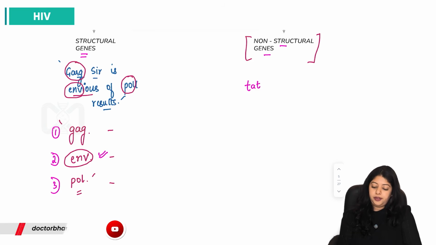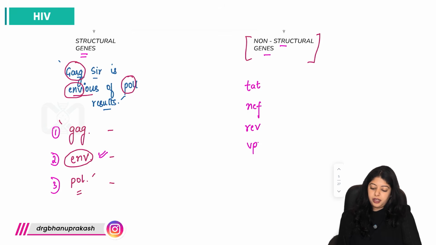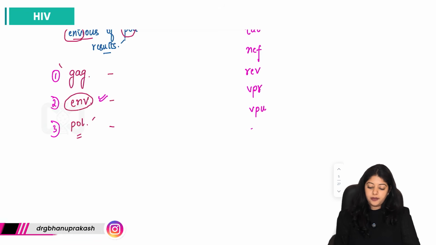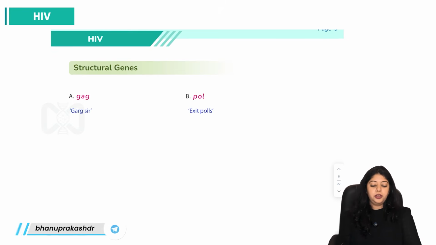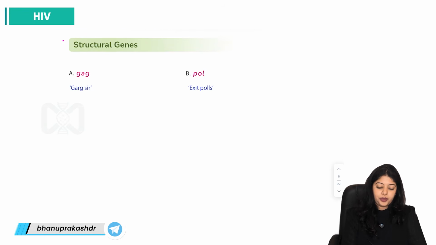TAT, NEF, REV, VPR, VPU, and the last gene is VIF. So now let's move on to the detailed demonstration of these structural genes and the details associated with them.